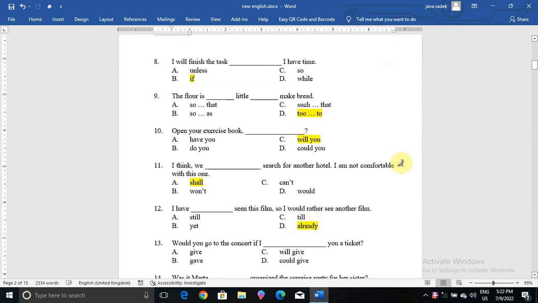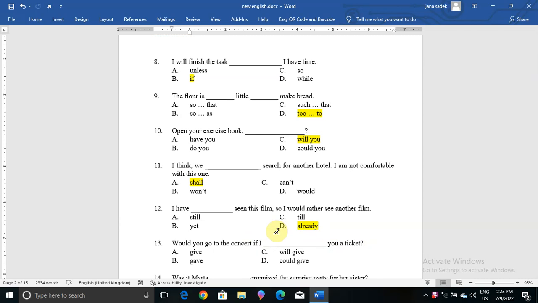Now question number 13 says, would you go to the concert if I dash you a ticket? Would you go to the concert if I dash you a ticket? Now, as I said before, there is a formula for if clause and main clause. What we have here, if I dash you a ticket, we don't know what the if clause will be, but we know the main clause, which is would you.